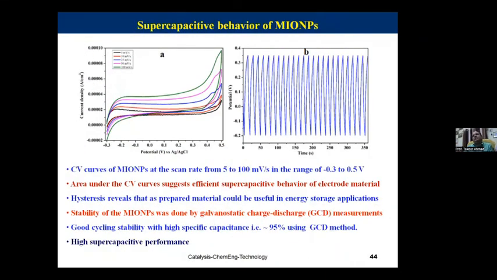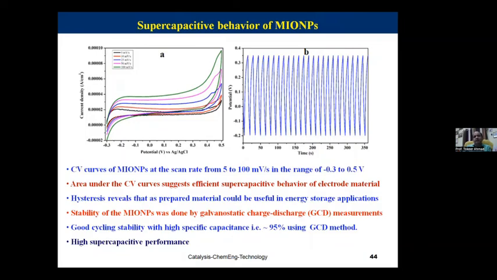We have also applied this material for the supercapacitive behavior of magnetic iron oxide, and the area under the CV curve shows the efficient supercapacitive behavior of the electrode material, and the nature of the hysteresis, as we see over here, reveals that the as prepared nanomaterials could be used for energy storage applications.